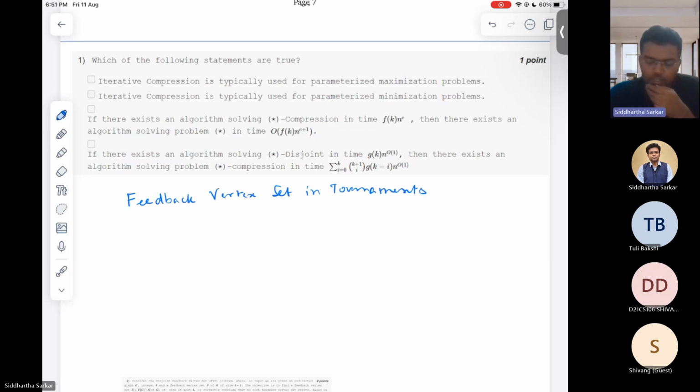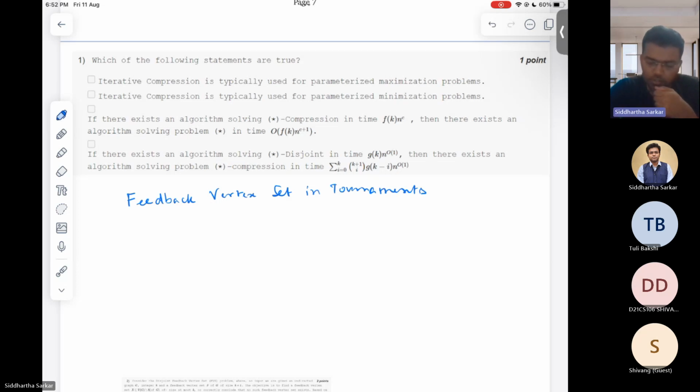All right, so in these problems where we are minimizing, we intend to find a subset of the vertex set of the graph which is as small as possible. We're actually minimizing the number of vertices in the output set, right?